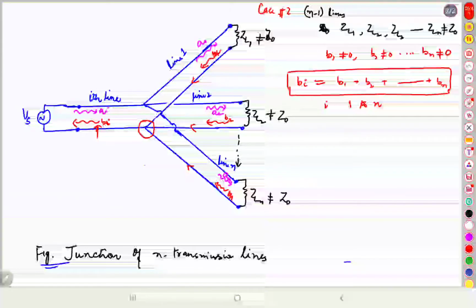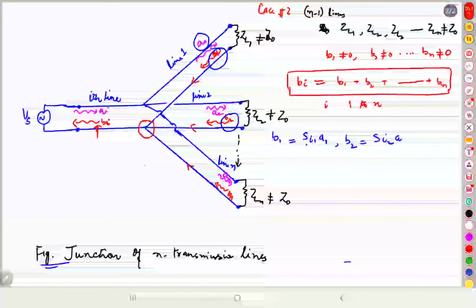Now if I vary i from 1 to n, we'll be getting a set of equations like B1 would be Si1 A1. Here the reflected wave B1 is related to A1 by Si1, as we have already seen. Likewise B2, the reflected wave at port 2, would be Si2 A2, and so on till Bn equal to Sin An.